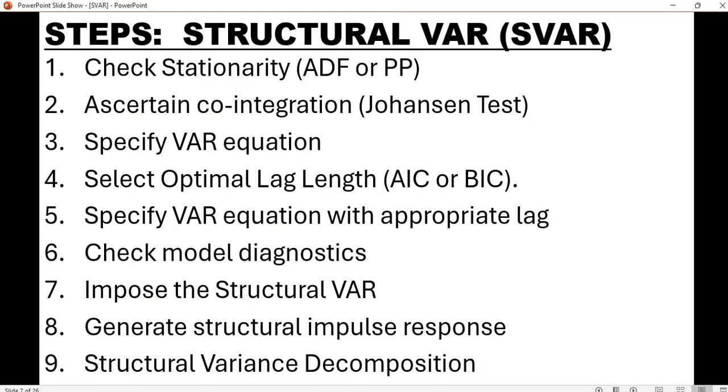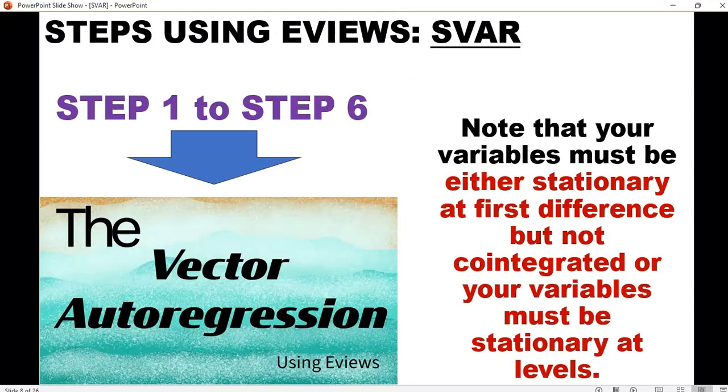For step 1 to step 6, you have to watch the vector autoregression video. Steps 1 to 6 require that you carry out the vector autoregression.